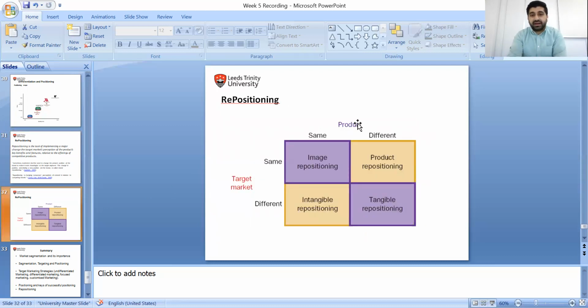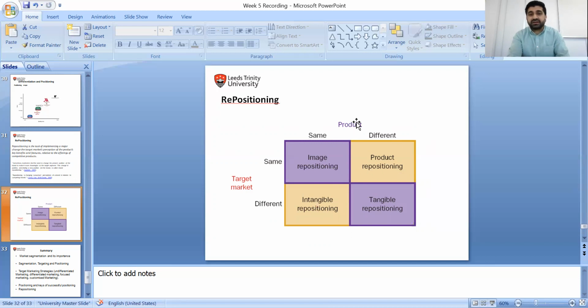Repositioning. Here we can see there is a product, and here we can see the target market. If the product is the same and the target market is the same, it means we are just doing image repositioning. However, if the product is the same but the target market is different, then we are trying to find a new market. We are trying to build goodwill in another market.